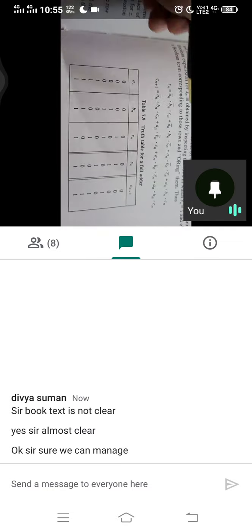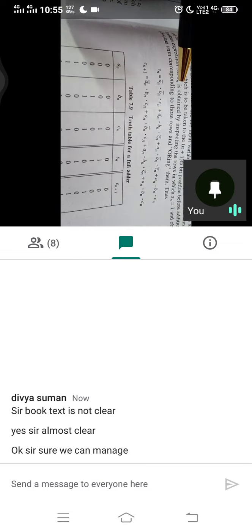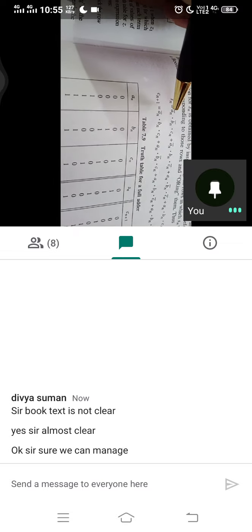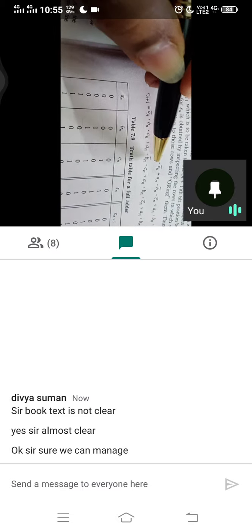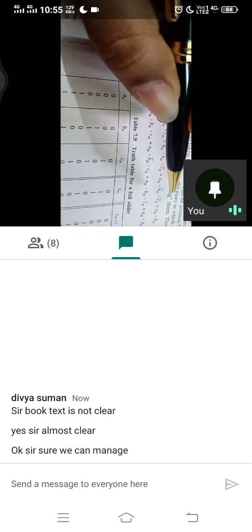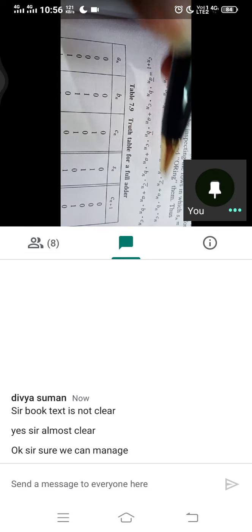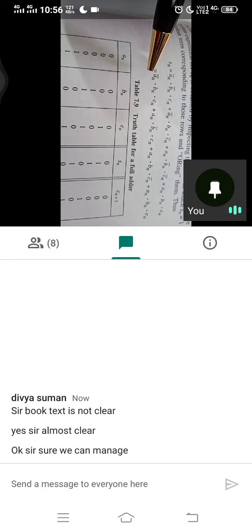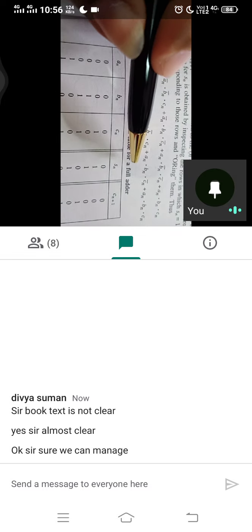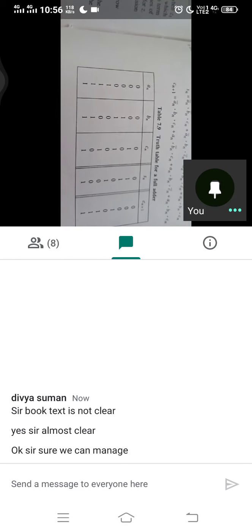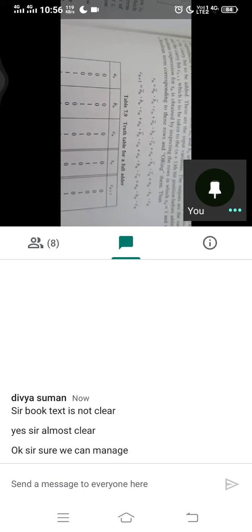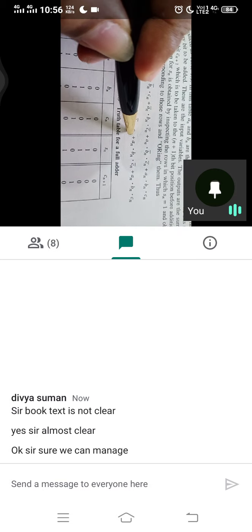So as you can see, for the nth sum, you take in turns A, B, and C as 0, 0, 1, 0, 1, 0, 1, 0, 0, 1, 1, 1. Like this you keep on taking. And then the carry is given by the same sort of equation.